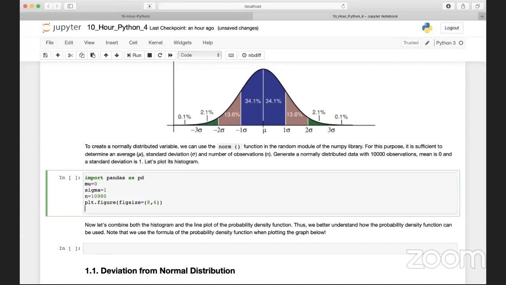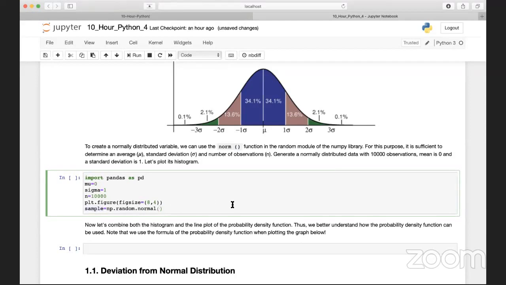Okay, sample is my variable, and np dot random dot normal. Which means that I'm going to generate normally distributed data here, and assign a variable named sample.